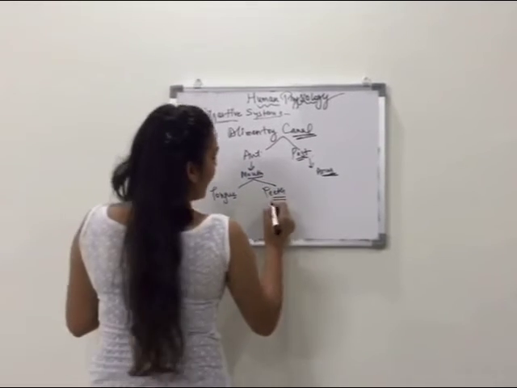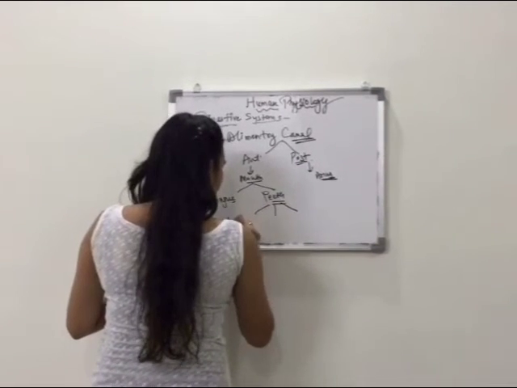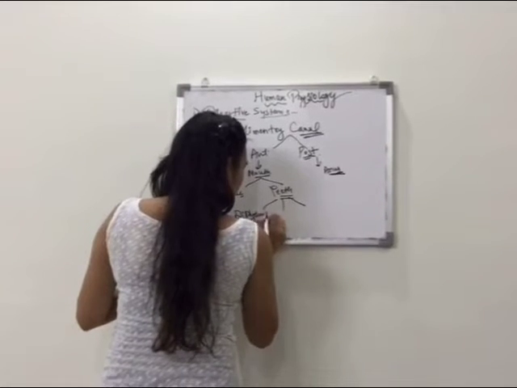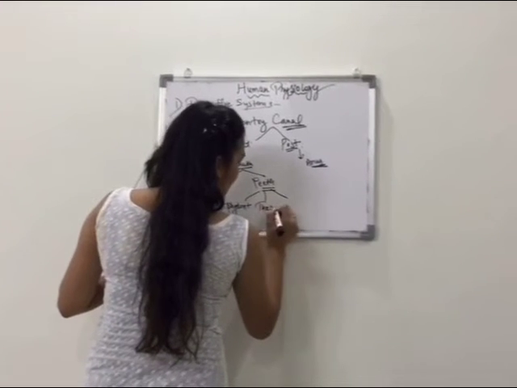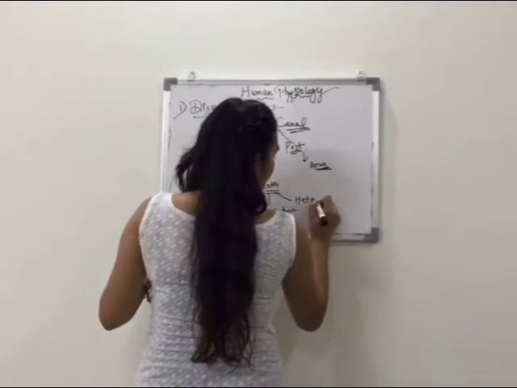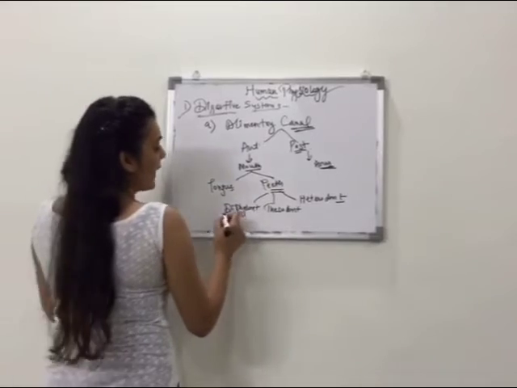In the teeth, we have three terms to discuss. The first is diphyodont, the second is thecodont, and the third is heterodont. What is the term diphyodont?